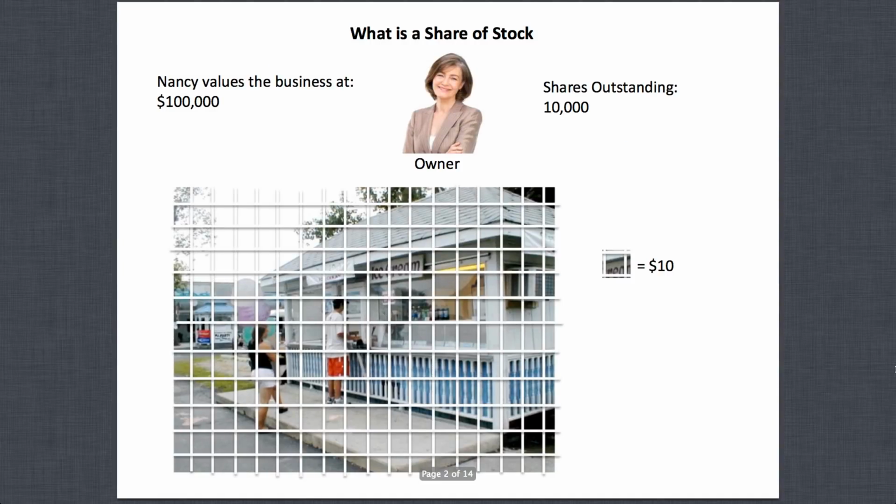Okay, so what is a share of stock? As you can see, I took the picture of the ice cream stand, which was a whole business, which she was valuing at $100,000, and she was trying to sell it with no luck. And what she did is she divided this company up into 10,000 pieces. As you see the little squares there, those squares represent that she split that business up into 10,000 different pieces.